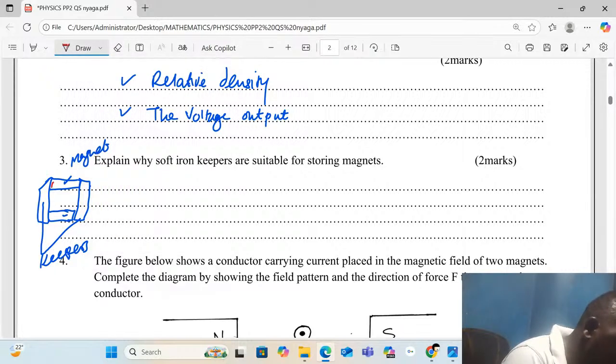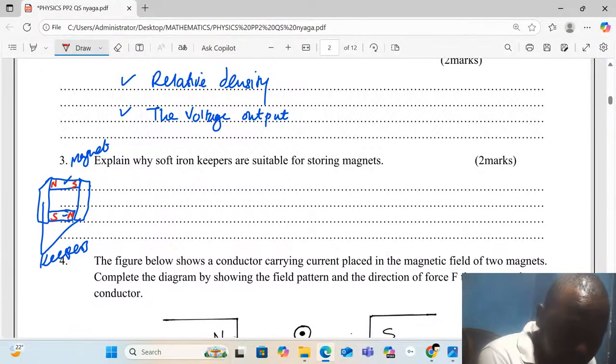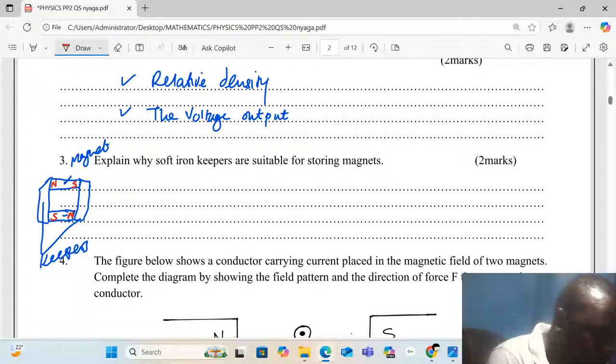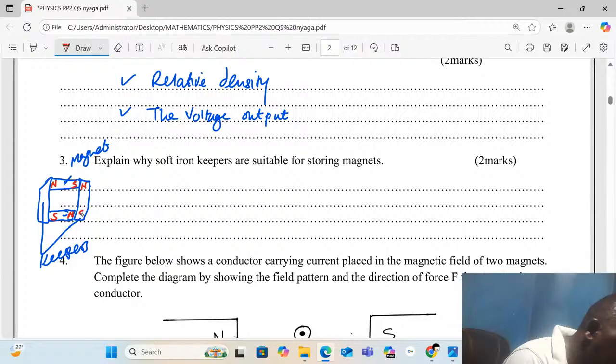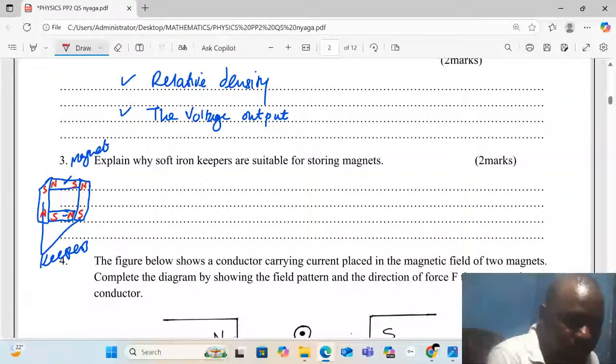If this is a north pole, this becomes a south pole, and this becomes a north pole. Therefore, they acquire opposite polarity, so that at long last all the magnetism forms a loop.